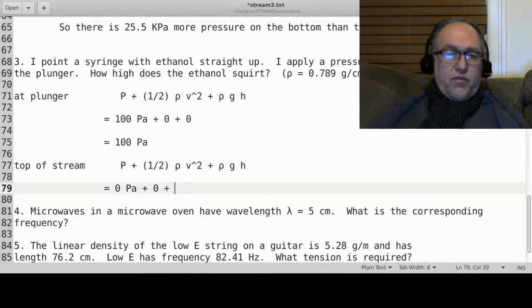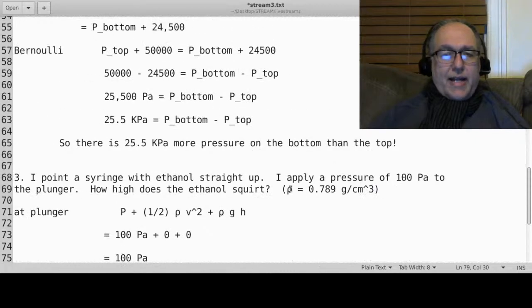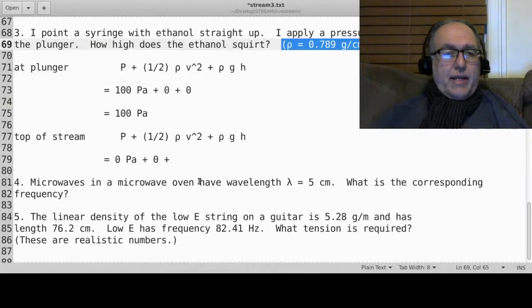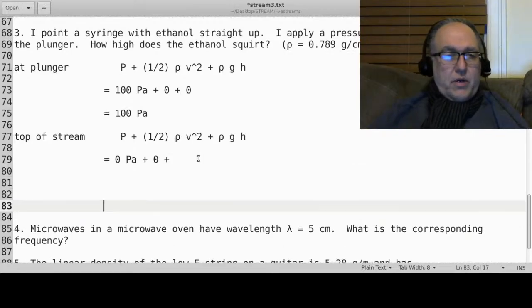So rho, what do we use for rho? Well, I told you that the density of ethanol is 0.789 grams per cubic centimeter. That's not MKS. MKS is kilograms per meter cubed, so you want to convert. How do you convert from grams per cubic centimeter to kilograms per cubic meter? Let me do a little aside down here. Remember what the density of water is?